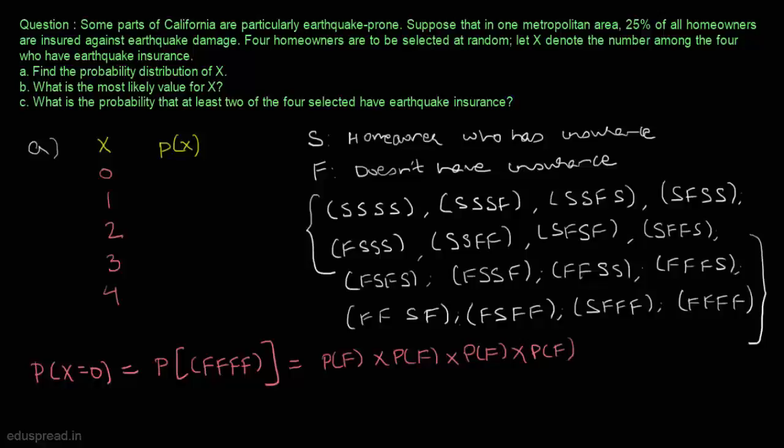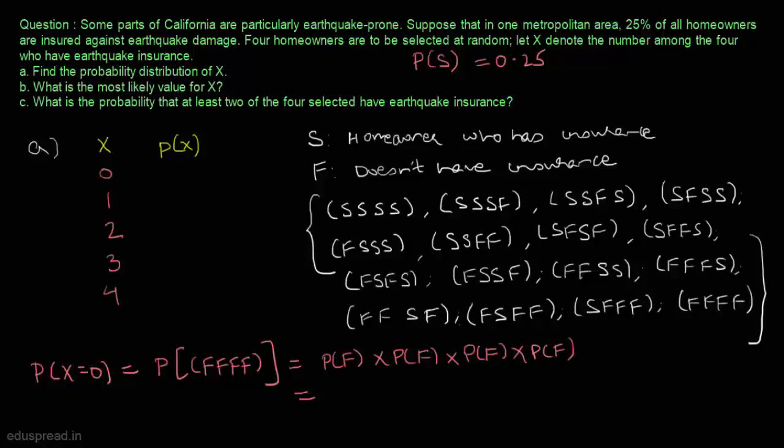So this is the probability that the first one does not have insurance. This is the probability that the second person selected does not have insurance, and similarly. We are given in the question that 25% are insured against earthquake damage. So this means that probability of S is equal to 0.25.